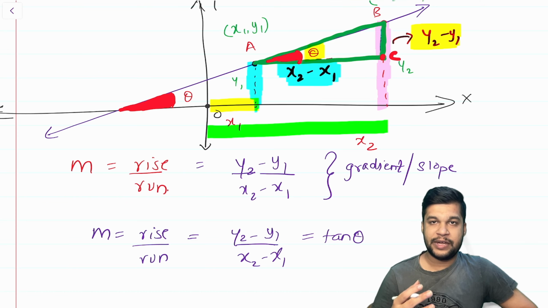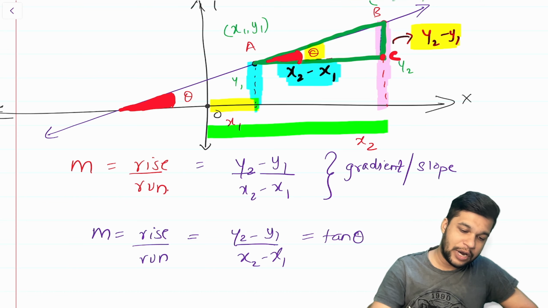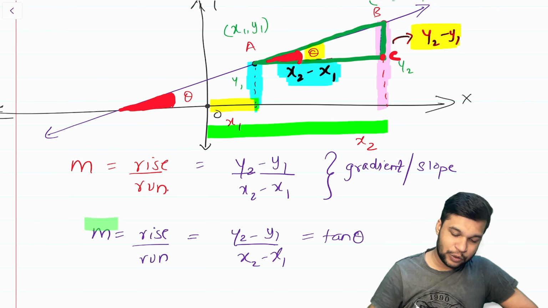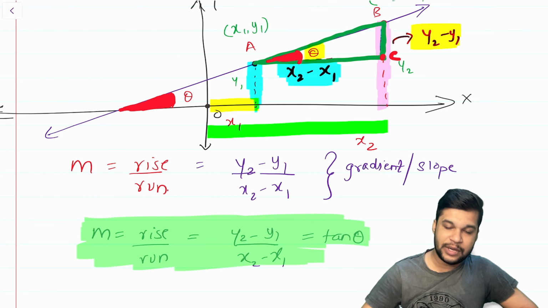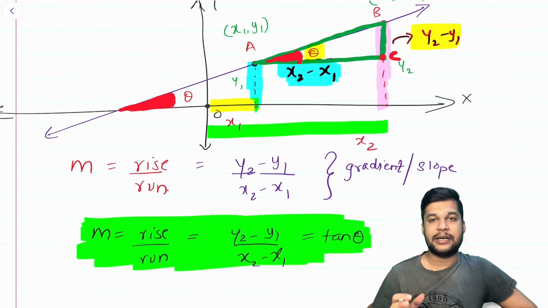So for now remember that slope is rise over run, which is y2 minus y1 upon x2 minus x1, and it is equal to tan of theta, where theta is the angle at which the line is inclined.